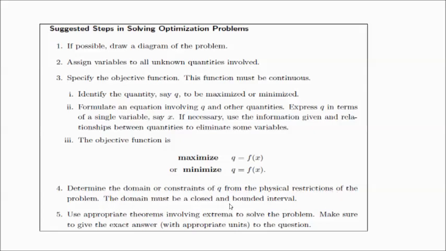So the domain must be a closed and bounded interval. Yun nga dun sa extreme value theorem natin. And then use appropriate theorems involving extrema to solve the problem. So make sure to give the exact answer with appropriate units to the question. Okay, so i-discuss na lang natin ito, class, using problems.